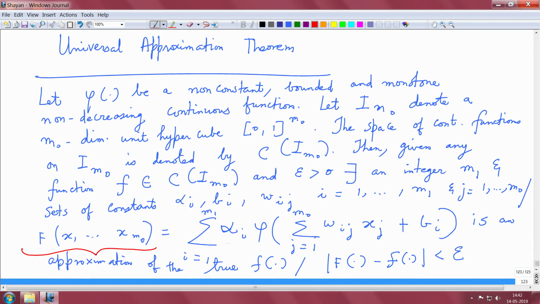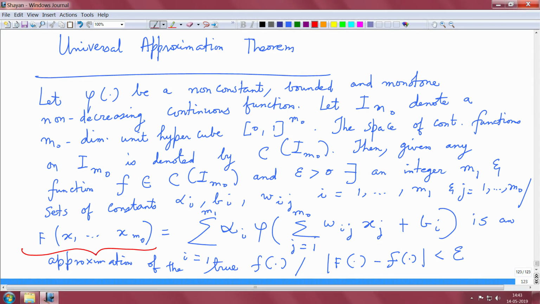This has some scalars alpha i, and then you have a nonlinear function phi here, and this is like a local receptor field, because you have some weights that scale the inputs, and then you have a bias term that is adding, and then a nonlinear function acting on it, and there are m1 such nonlinear functions, and you scale them by this parameter alpha i, and maybe you can make a decision on top of it.